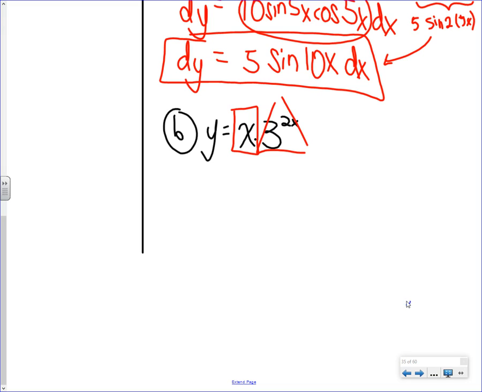So 3 to the 2x plus first, d second. B to the u has this ln of b times u prime. We got this. Political practice. Excellent. We don't need a forever card, we just need gibberish.